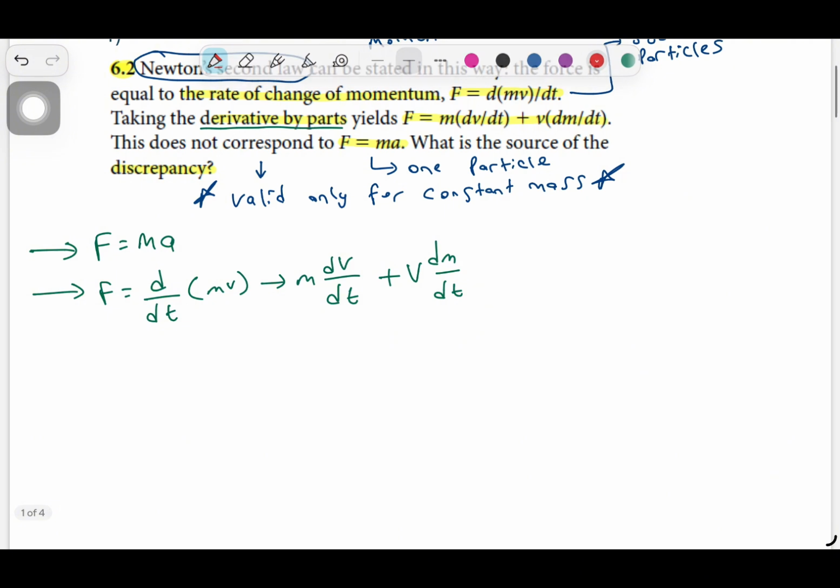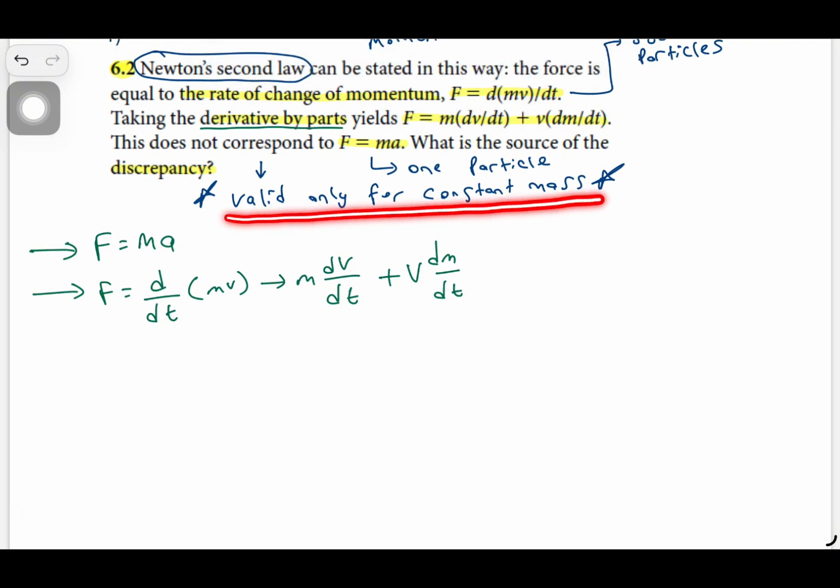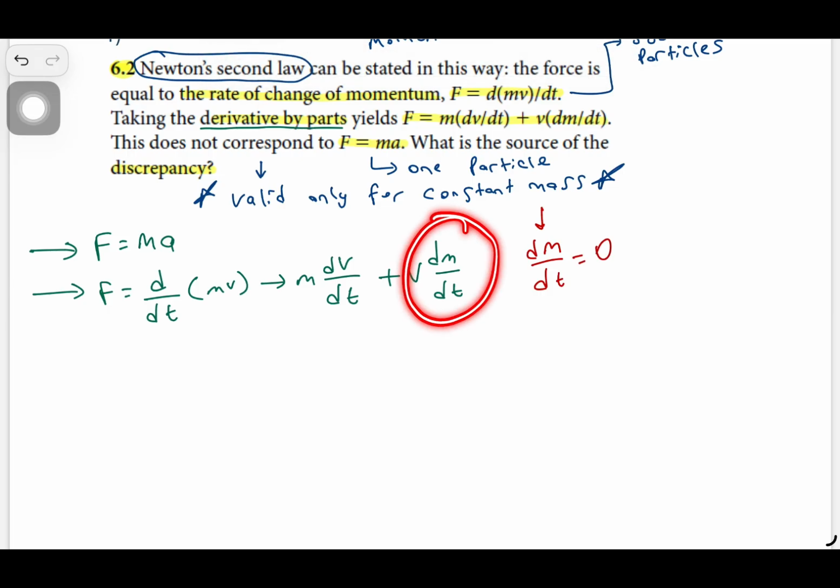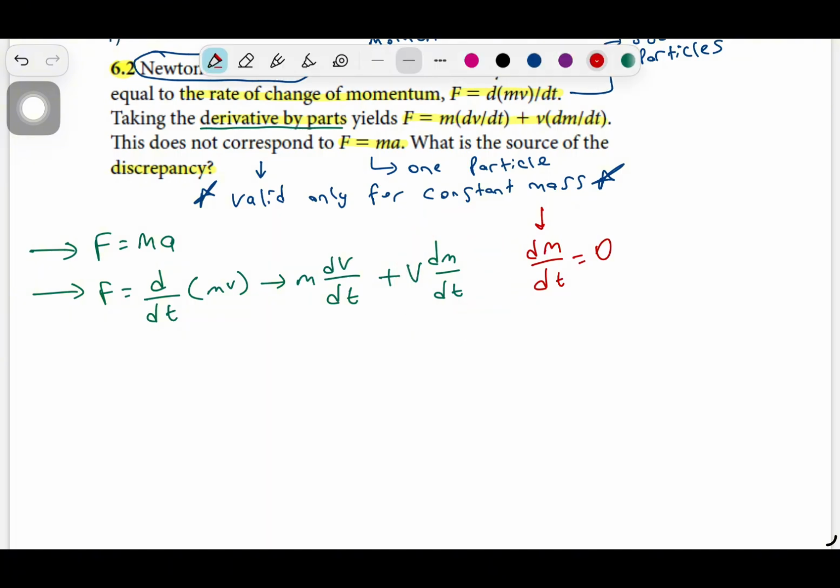So here, as I mentioned, this is valid only for constant mass. And this is the rule of Newton's second law. So since it is constant mass, dm over dt should be equal to 0. And as you see, we also have this term. So this means we have 0 here.